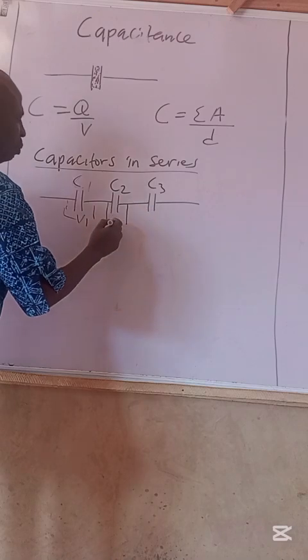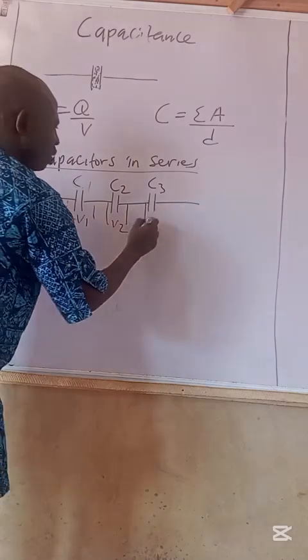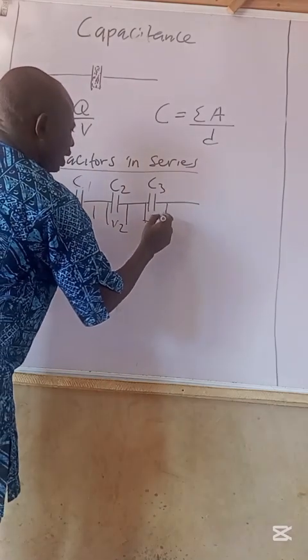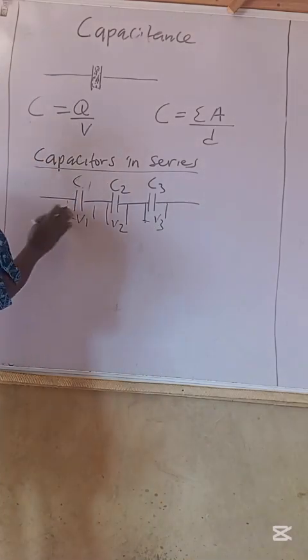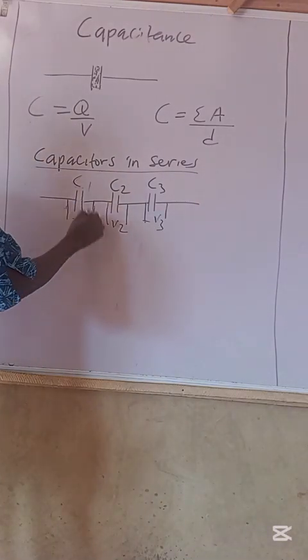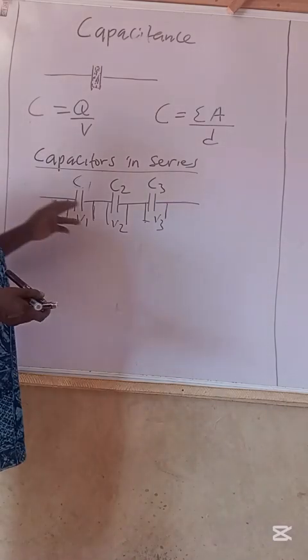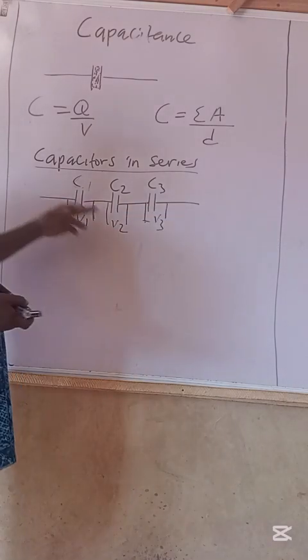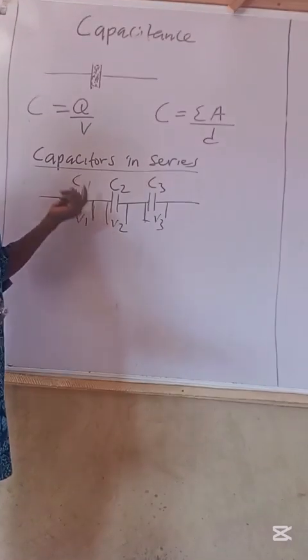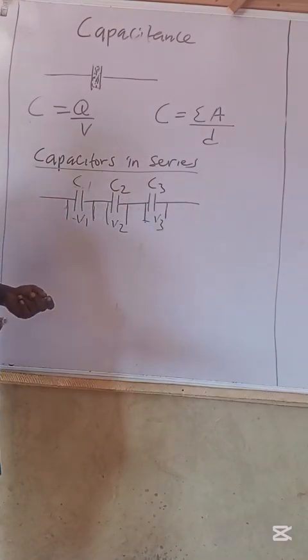Potential difference across this will be V2. Potential difference across this will be V3. Now, we can see that the same charge flows, different potential difference across each capacitor.